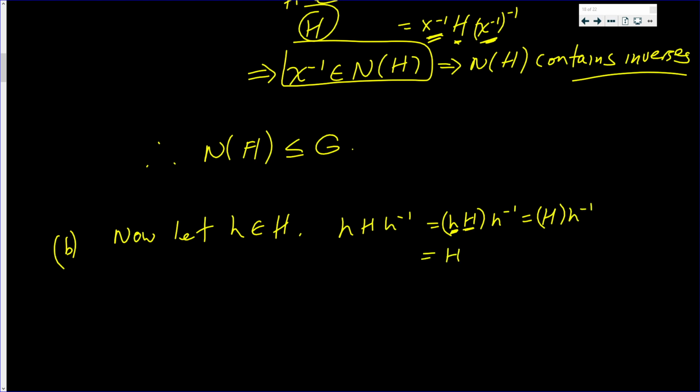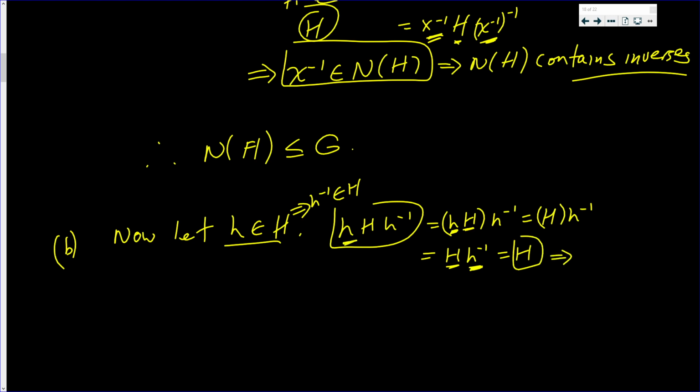Well, little h was in H, that implies h inverse is in H. And if you multiply the set H on the right by an element in H, you get back H. This is equal to H.